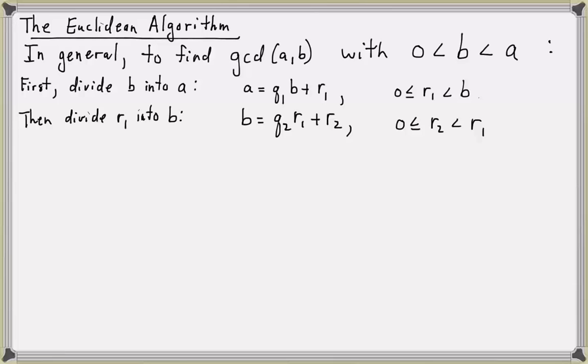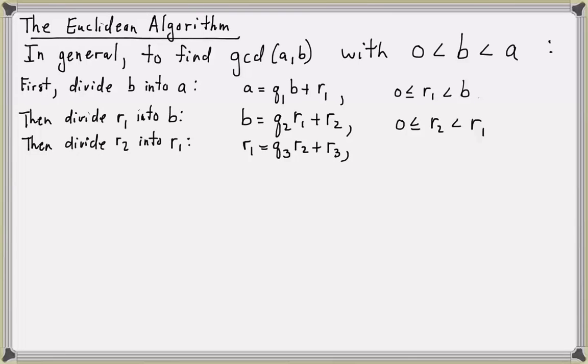So let's continue. I'm going to divide R2 into R1. And we get that R1 equals a quotient, called Q3 now, times R2 plus a new remainder R3.